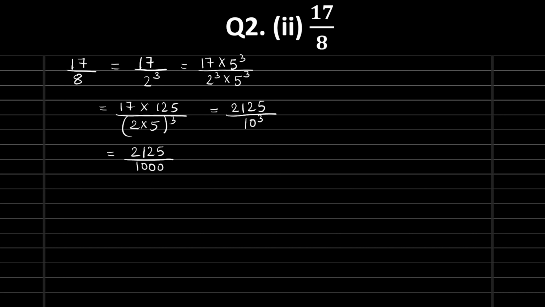The decimal point is after 5, so we shift it towards the left hand side by 3 places. That would be 2.125. You can see that after the decimal point we have 3 places, because in the denominator we have 3 zeros. That's how we find the decimal expansion without actually dividing 17 by 8. The answer would be 2.125.